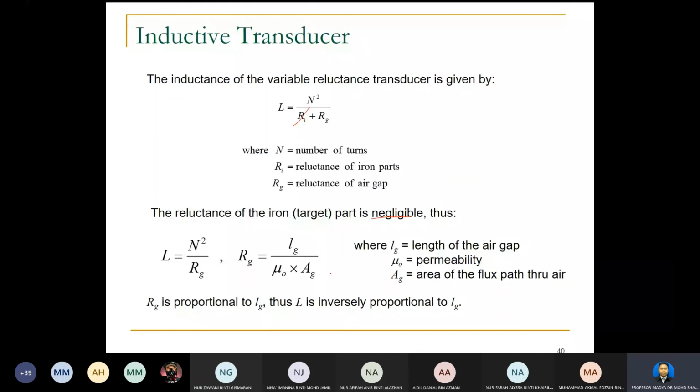So we can substitute this Rg into this equation, and then you can get the inductance. The Rg is proportional to Lg, thus L is inversely proportional to Lg. Lg is the length of the air gap.